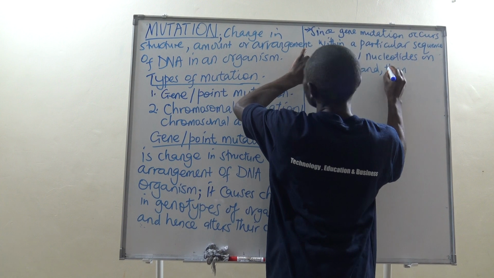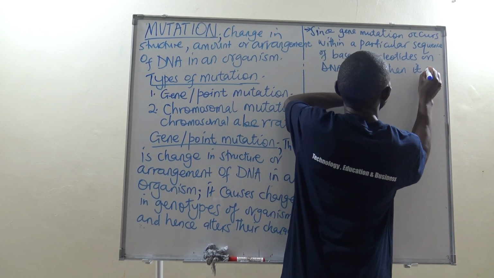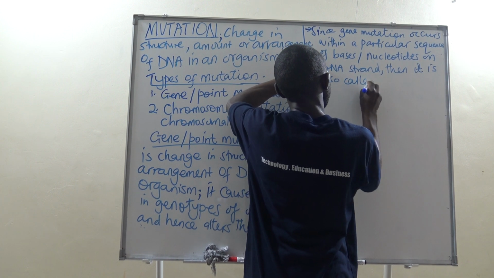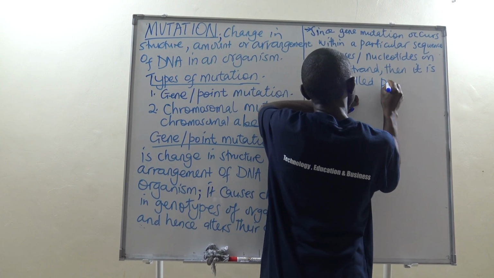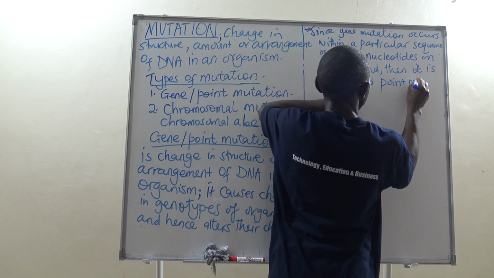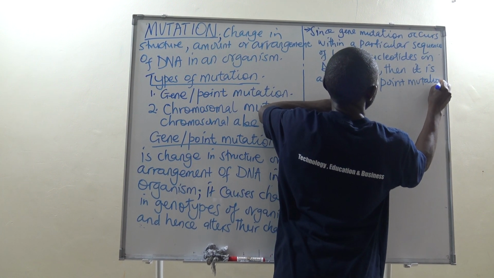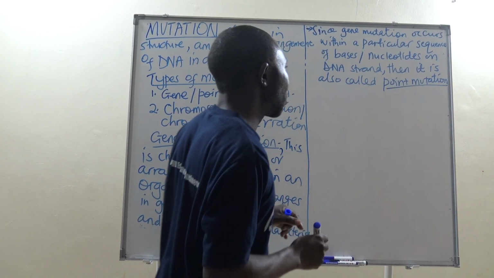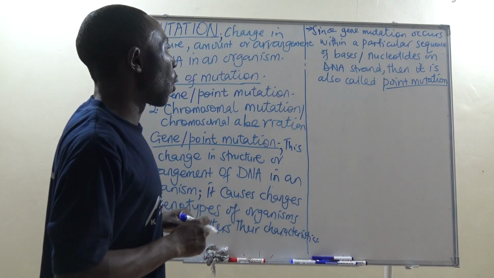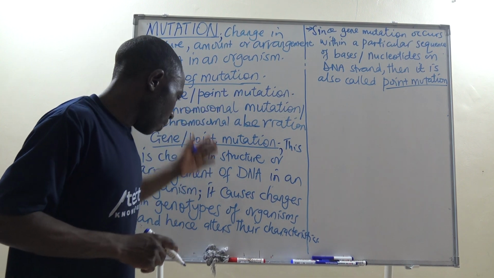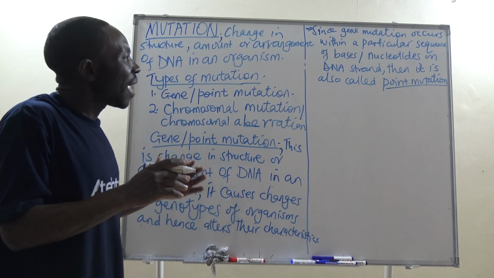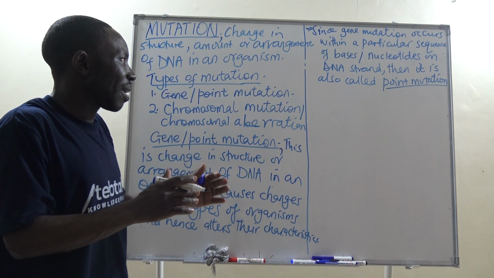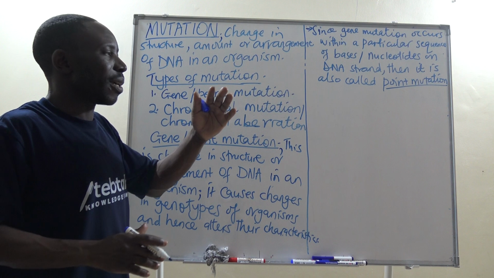Then it is also called point mutation. So that is where the word point mutation comes from, because that kind of mutation occurs within a particular sequence of bases or nucleotides on a DNA strand.